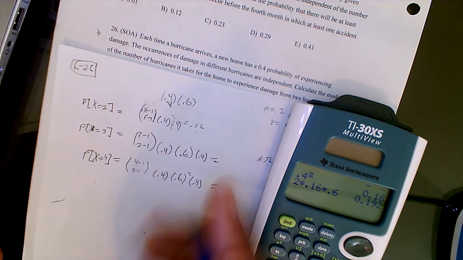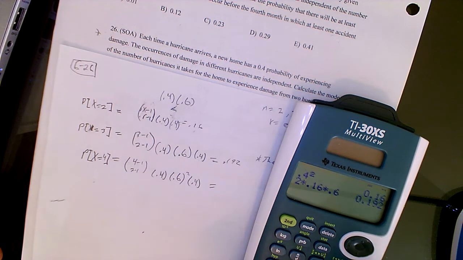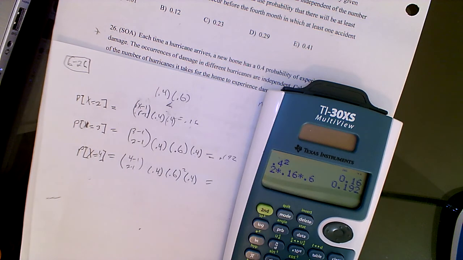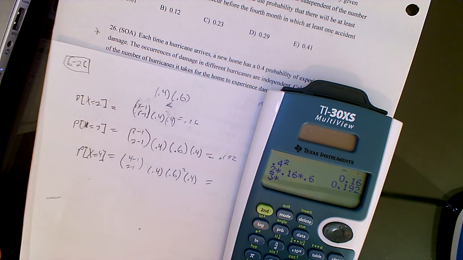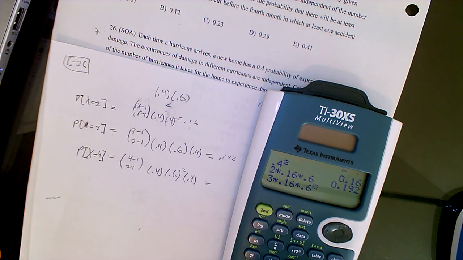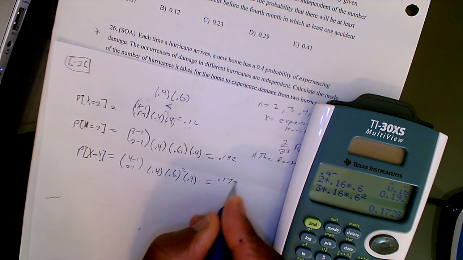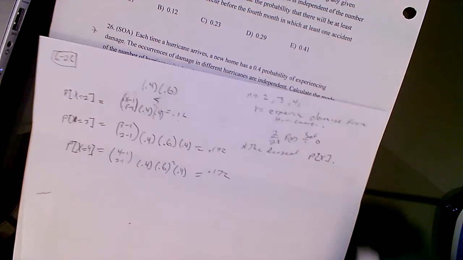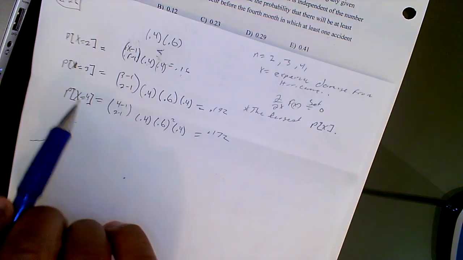So it should be 0.192, and let's go one more, which would be 3 choose 1, which is 3, times that 0.16 again, and then times 0.6 squared, and this will be 0.172. Like I said, I didn't explain it really well, but these are the probabilities.